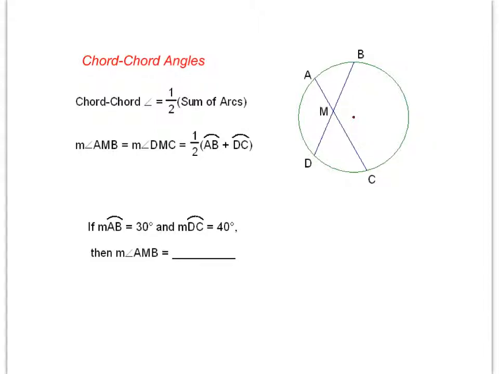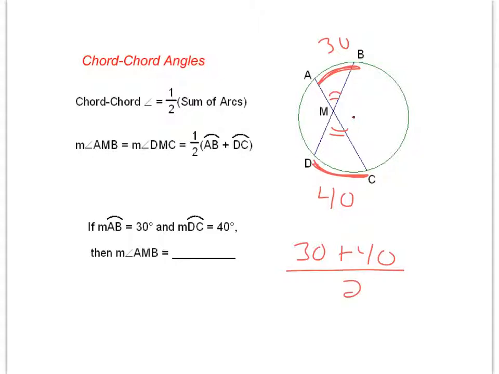So you take the two arcs, and I'll just put those in red, this arc plus this arc divided by 2. So if the measure of arc AB is equal to 30, and the measure of arc DC is equal to 40, then both of these angles right here equal the same thing. They're going to equal 30 plus 40, all of that divided by 2.